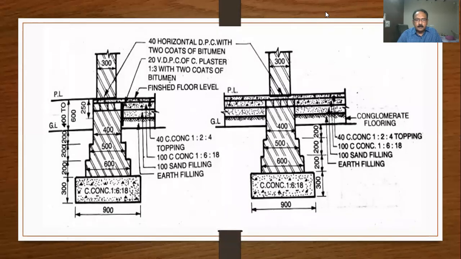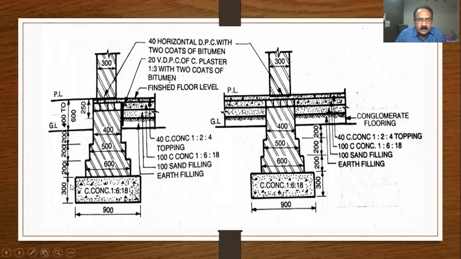This is a typical cross section of foundation. If you understand this section, we'll understand what the foundation is, what the first footing is, what the second footing is, what the plinth beam is, and what the DPC is.